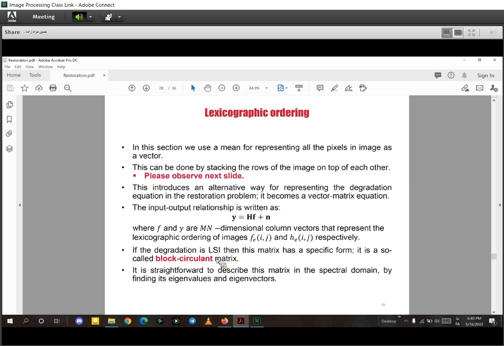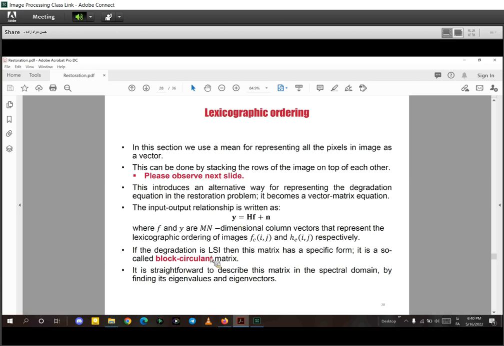Okay, if the degradation system, for example, if the degradation process is LSI, linear space invariant, then this matrix has a specific form, a so-called block circulant matrix, because of this circular convolution.